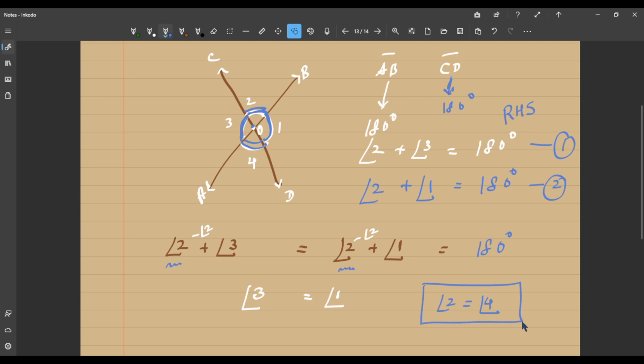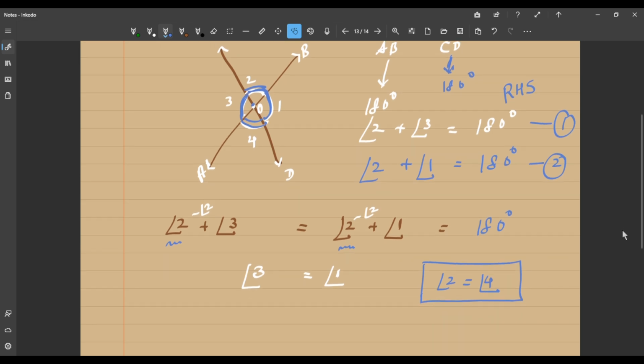Arrive at this result, angle 2 is equal to angle 4, and hence we can conclude that when two straight lines intersect with one another, the opposite angles are called vertically opposite angles.